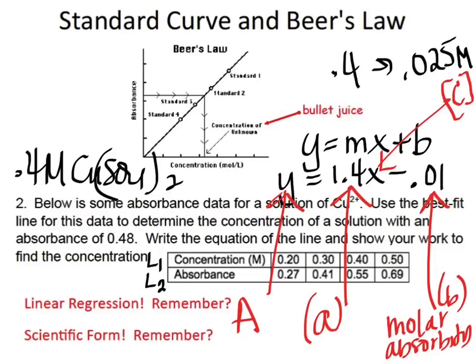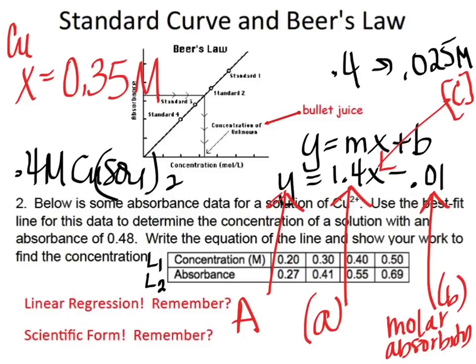What do you get for your copper ion concentration? 0.35? So, X equals 0.35 big M. That is my concentration of my copper ions.